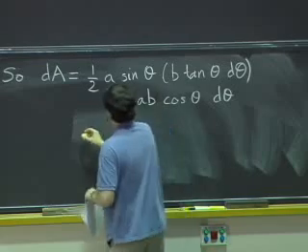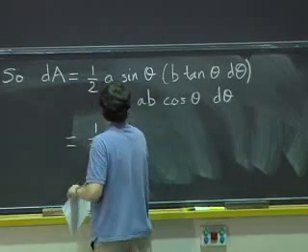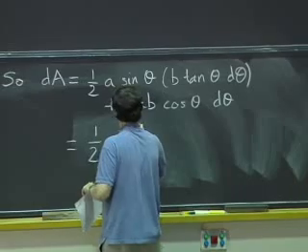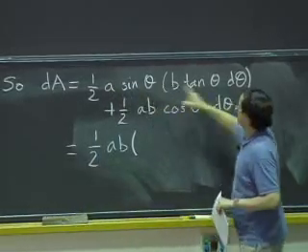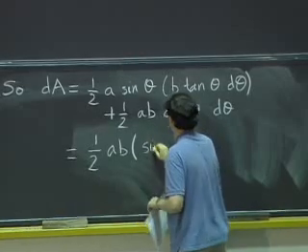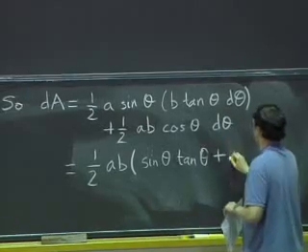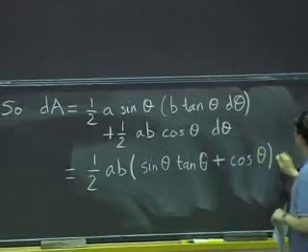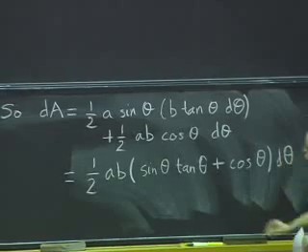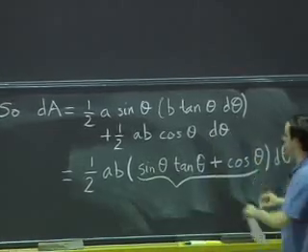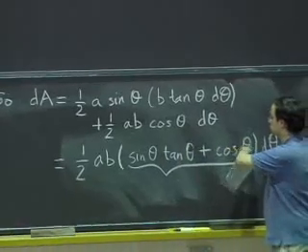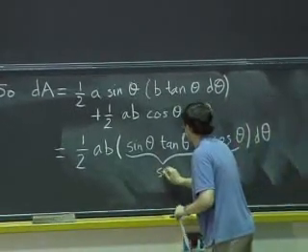And if we collect these things together, we get 1/2 of ab times sine theta times tangent theta plus cosine theta d theta. And if you know your trig, then you will see that this is sine square over cosine plus cosine square over cosine. That's the same as secant theta.